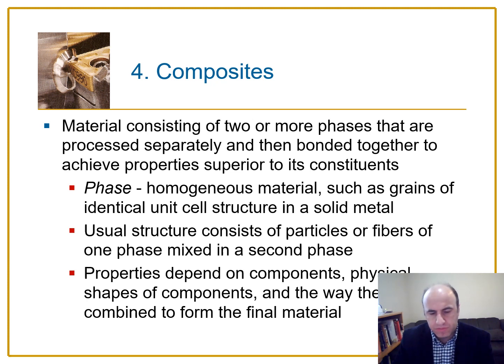Normally, the dominant element is called the matrix, and the other one, present in a lesser amount, is called fiber or particles. A good example of composite is concrete reinforced with a steel bar.